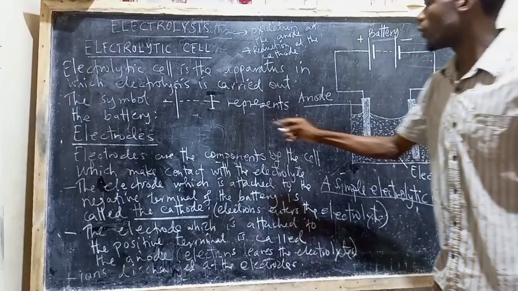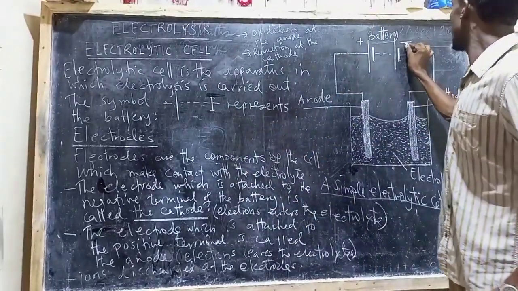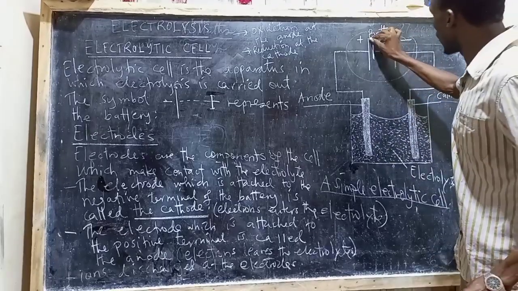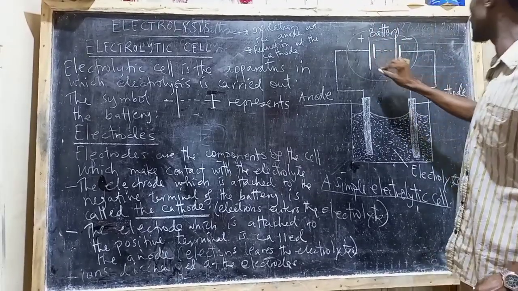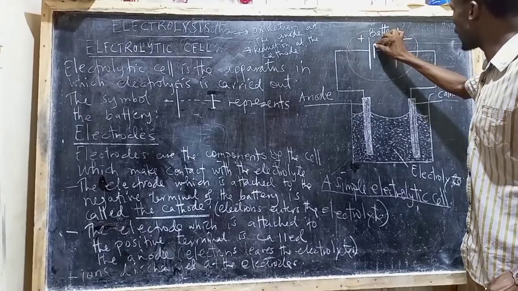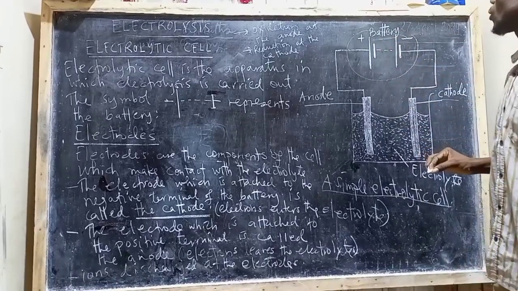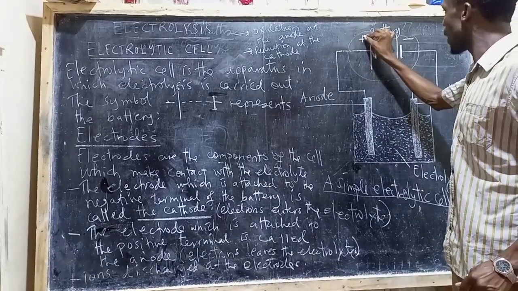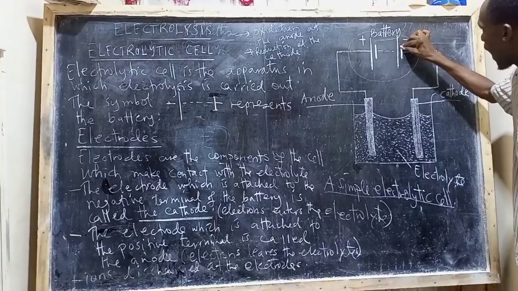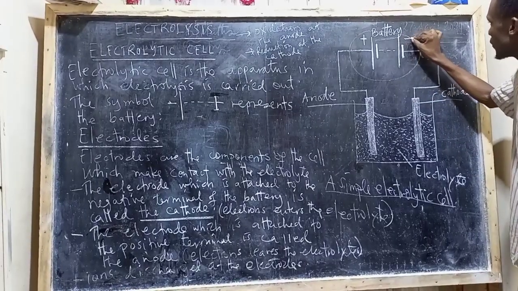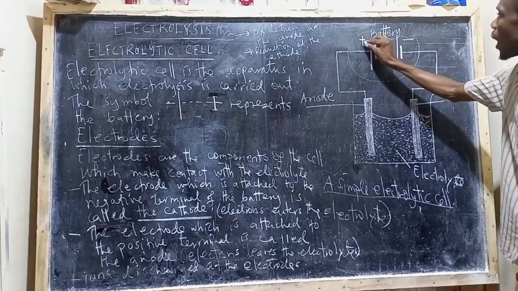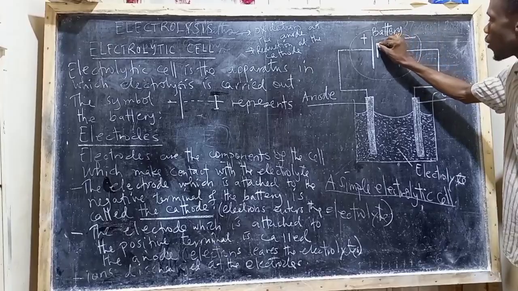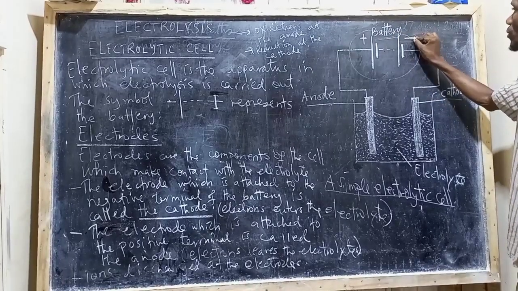Now, this symbol here represents a battery. A battery has a longer thin component and a shorter thick component.